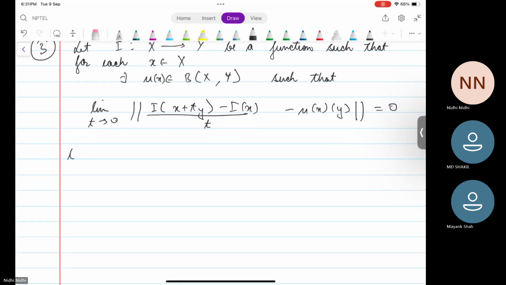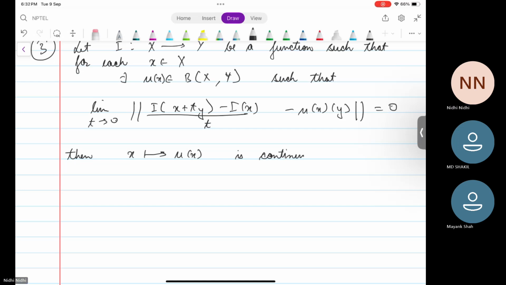Then, you might feel that this is kind of the definition of differentiability. It is not exactly the same, but something related to that. Then the map x mapped to ux is continuous.